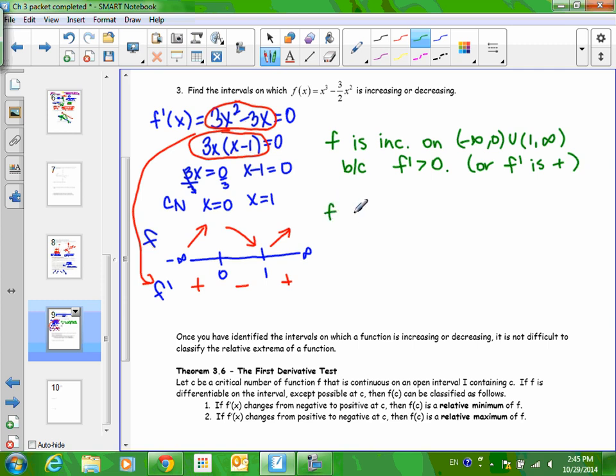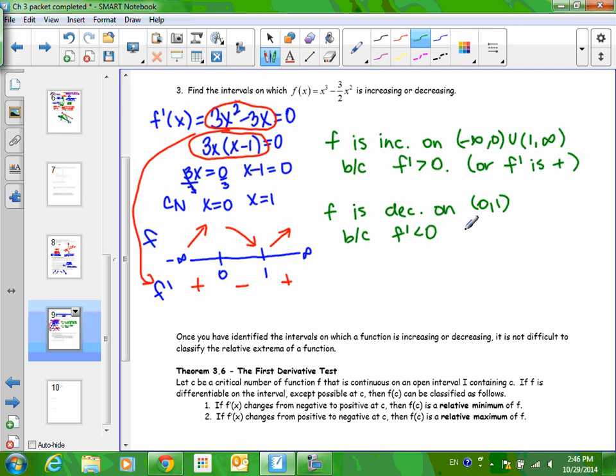All right, so now we got to write the other statement. F is decreasing on, so what would be the interval for this one? 0 to 1. And again, we have to say because f prime is what?